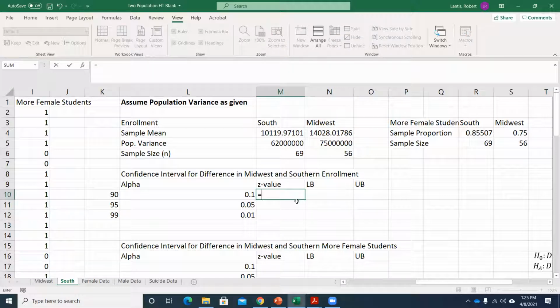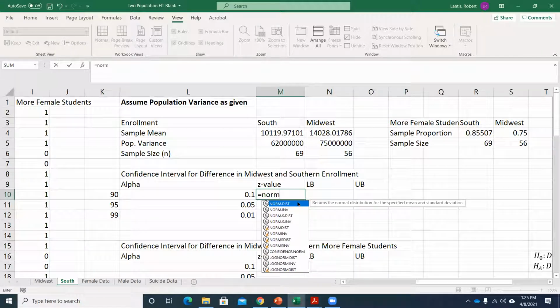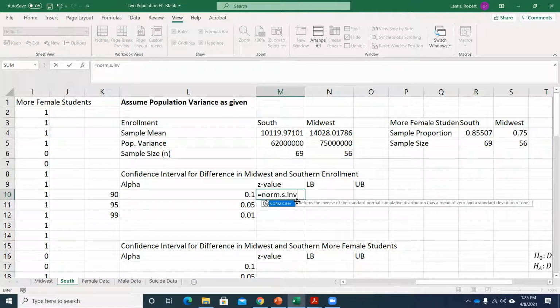Well, for a confidence interval, I want alpha total outside of it, which means I want alpha over 2 on either side. So this is where we said I can use norm.s.inv. I'm using that Z table, the standard normal distribution, and I'm working in reverse. I know the area in the tail. I want Excel to tell me the Z value I need.